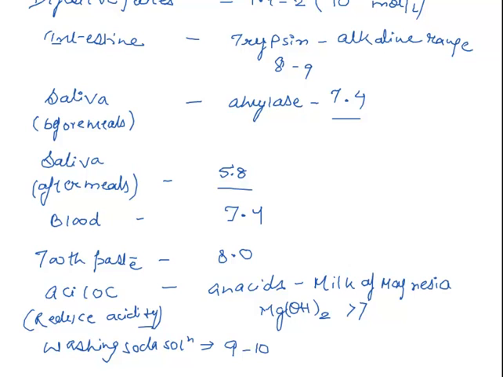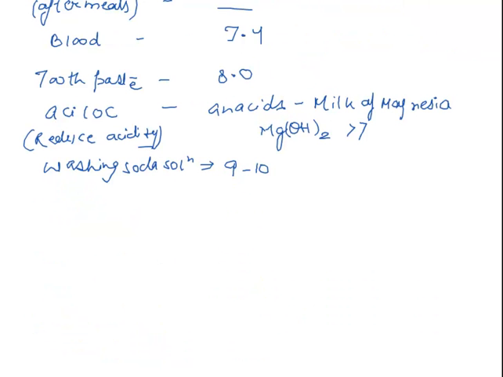Now students, we have done indicators. Do you remember? But what do indicators do? Indicators just tell whether the given solution is acidic or basic. That's it. Do they tell how much acidic or basic, the strength of the acidic or basic nature, or what is the pH of it? No. Now there is one more indicator, that is the universal indicator.